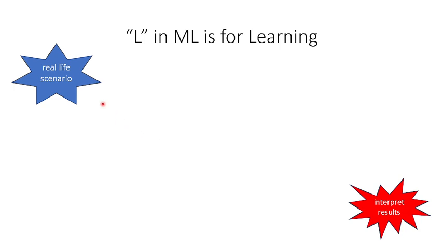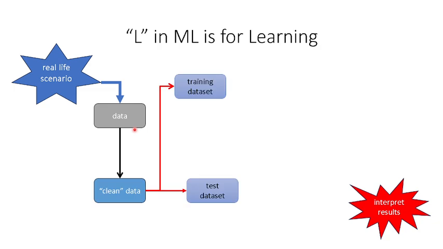So the first step that we do is that we get the data corresponding to the real life scenario. Now, this data has been collected by many agents, or maybe a single agent for the collection of the data. So it might have a few issues with the data. So, for example, for a data point, some features may be missing.